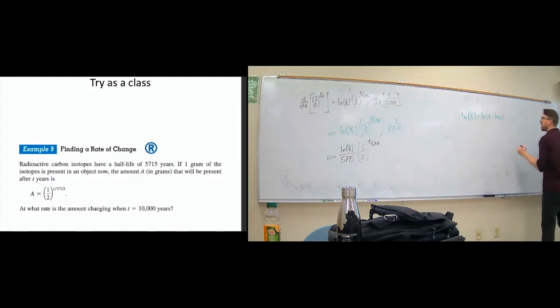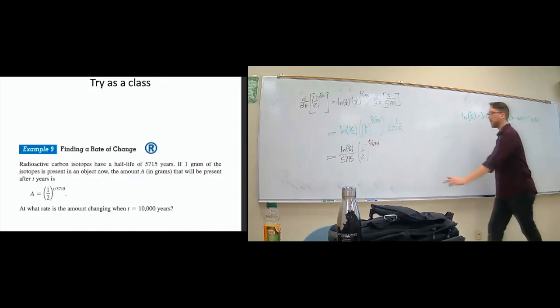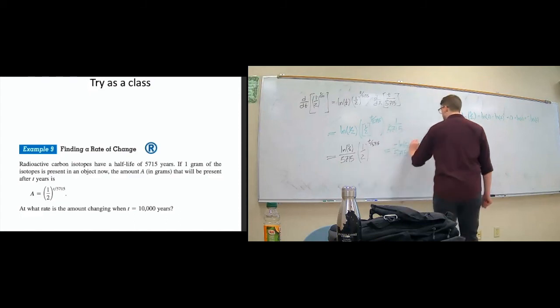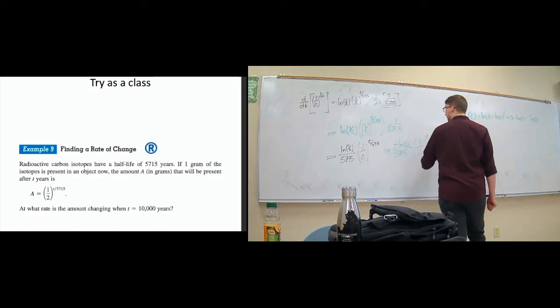The ln of 1 is 0, so this is 0 minus the ln of 2, or just negative ln of 2. So we can rewrite our final answer as negative ln of 2 over 5,715 times 1/2 raised to the t over 5,715.